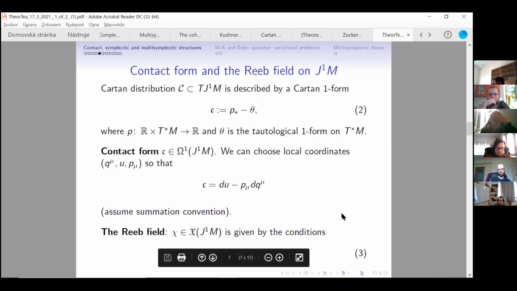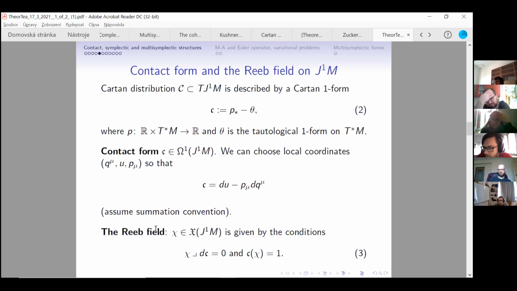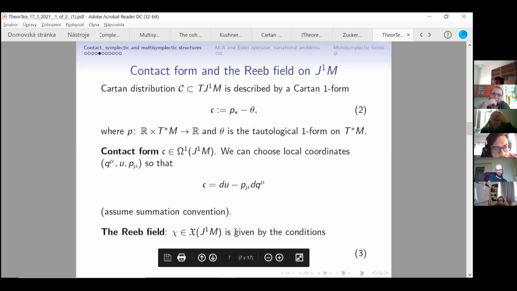Yeah, so the main condition is the first one, right? That it's in the kernel of the exterior derivative of C. The second condition is just some normalization condition, which enables us to work with the Reeb field in a nice coordinate form, the most simple one. Yeah. So the one-dimensional subbundle spanned by this kernel of DC is described by this Reeb field.